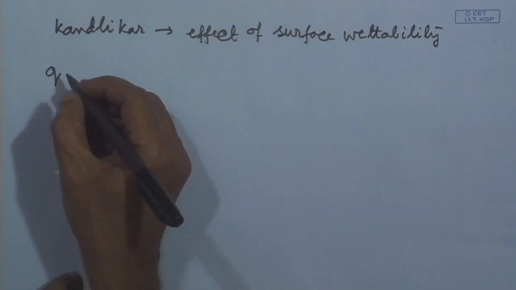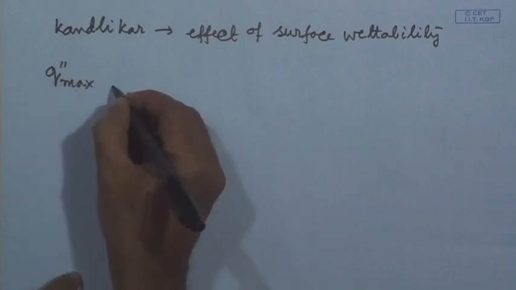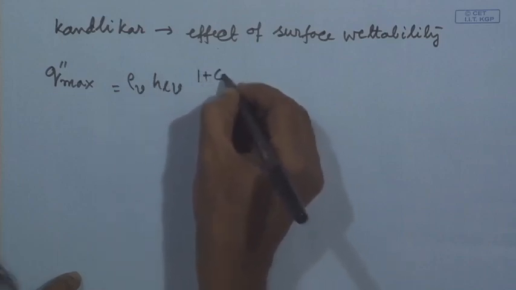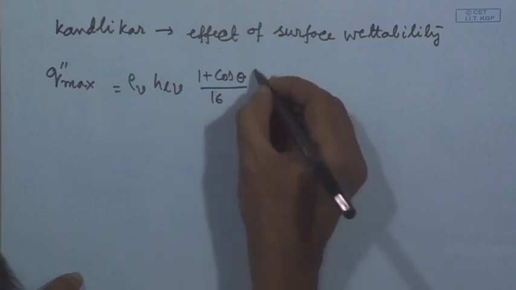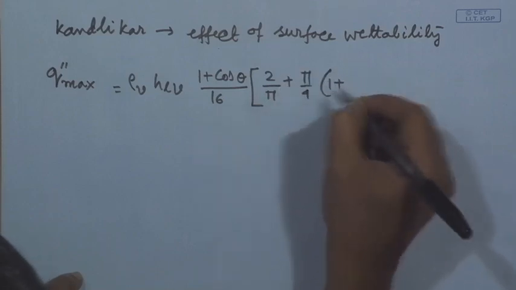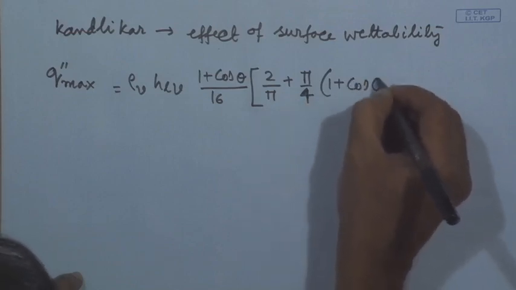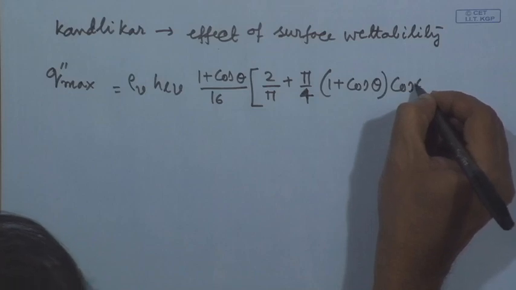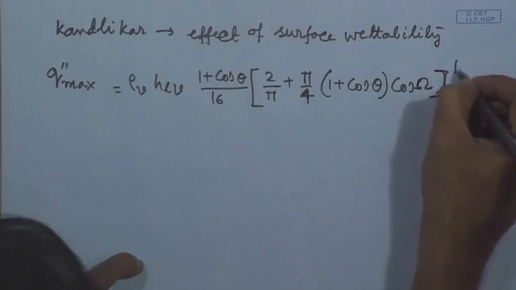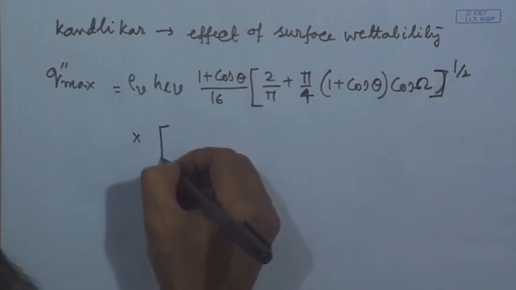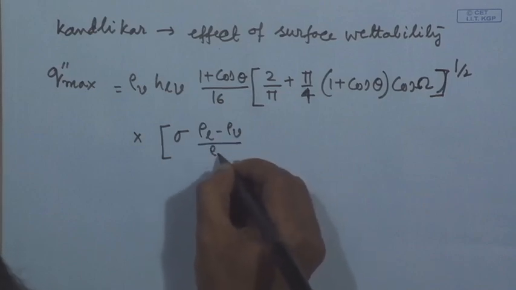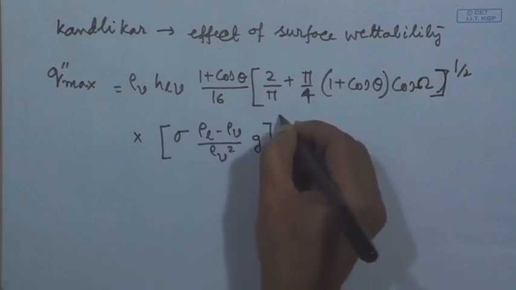So, he has proposed a relationship like this: q max double prime is equal to rho v h L v, plus pi by 4, 1 plus cos of theta, cos of capital omega to the power half, multiplied by sigma into rho L minus rho v by rho v square into g, whole to the power 1/4.